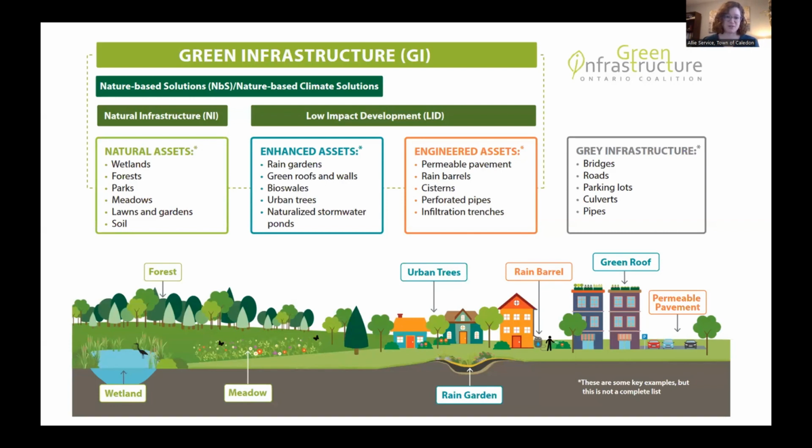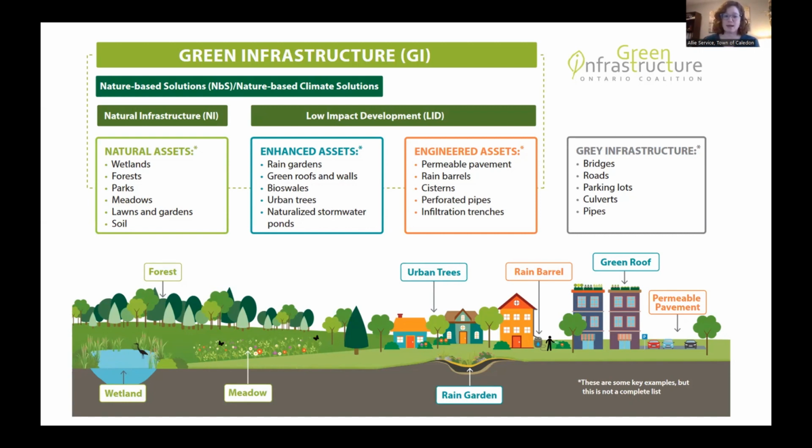I found this a very helpful diagram. I'm sure many of you are familiar with it from the Green Infrastructure Ontario Coalition, showing what we mean by green infrastructure, especially in the context of development. It spans the spectrum from natural assets like wetlands, forests, and the natural features that are already on the landscape, and the focus for us is protecting those.